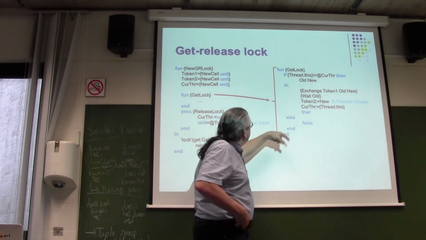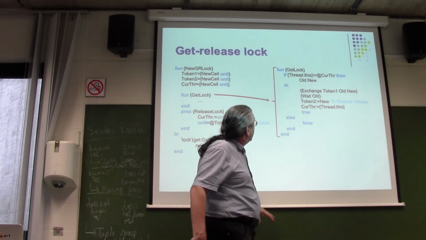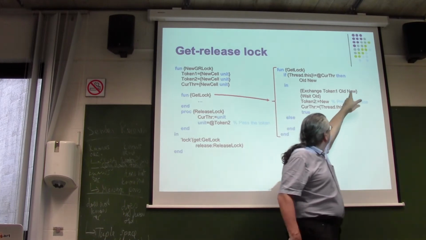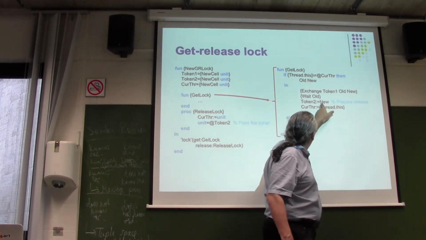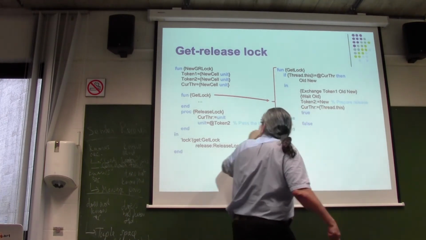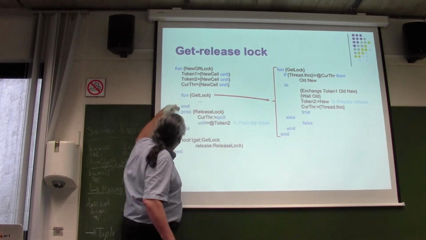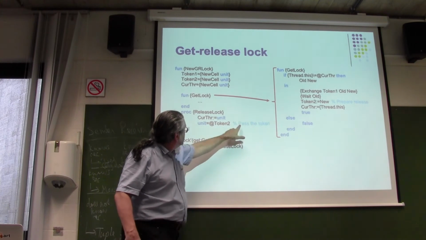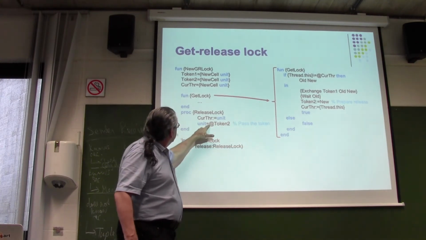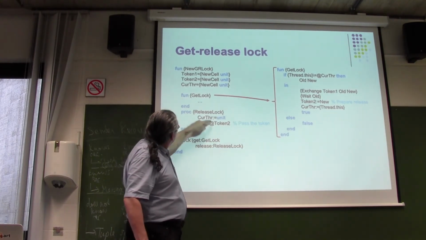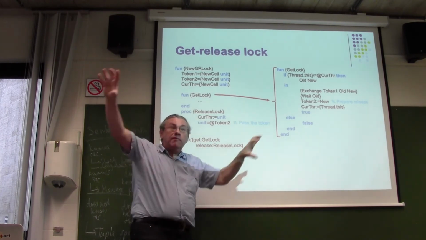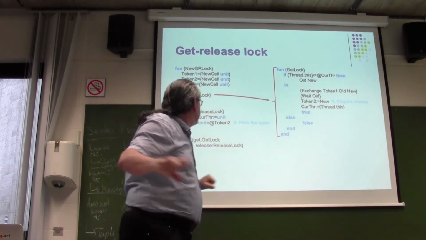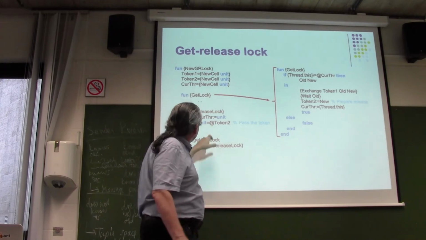So we don't actually know when the release is going to be done. So the release has to bind this variable. So what we do is we put this variable in a cell called token 2, and then the release can bind new. So this passes the token. We need this token 2 because the release and the get might be in different pieces of code running in different places.